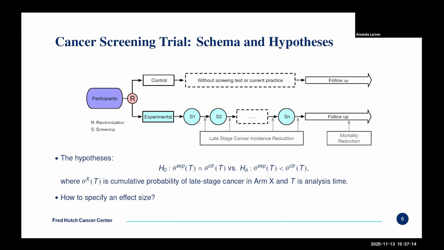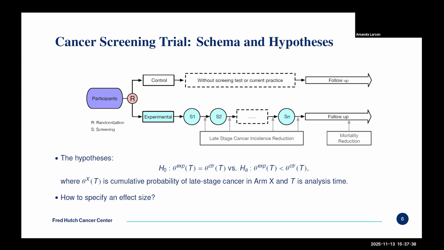Instead of mortality reduction, we can check whether there is a reduction in late-stage cancer incidence. That gives us results earlier, and it is also considered a good endpoint that is very highly correlated with mortality reduction.